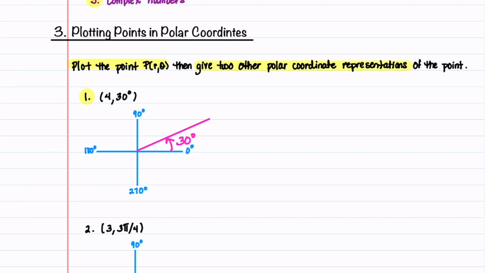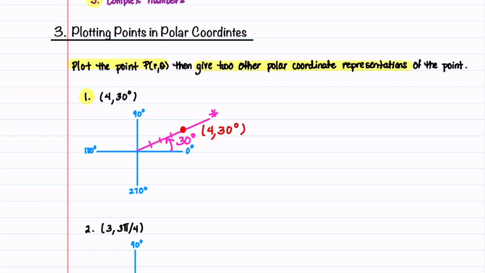And then we'll plot the point 4 units from the pole on the terminal side of our angle. This is our terminal side, and we're going to march out 4 units. 1, 2, 3, 4. And that's where our point is going to be located. We'll label our point as 4, 30 degrees.